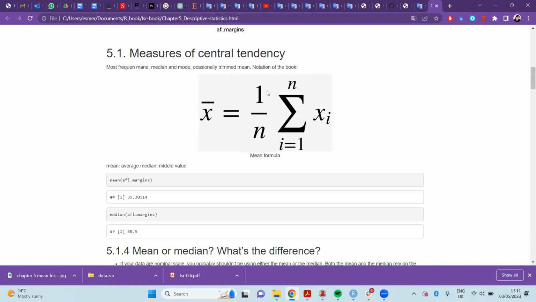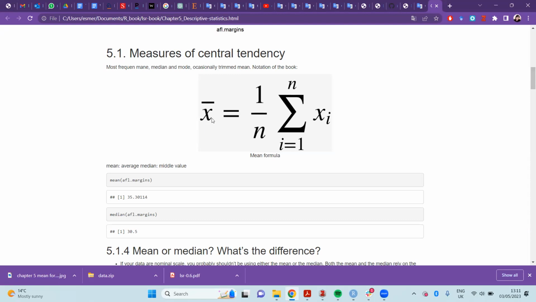So the book presents the formula for the mean. This formula is not taken directly from the book, but it's exactly the same. The only difference is that the authors are using a capital X with a bar rather than this small x.